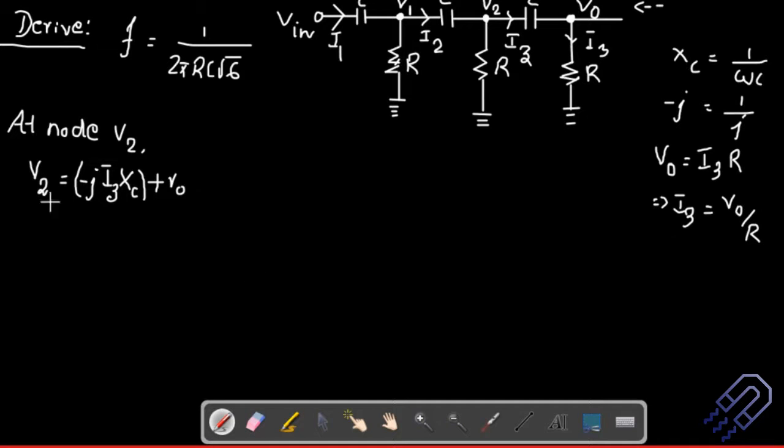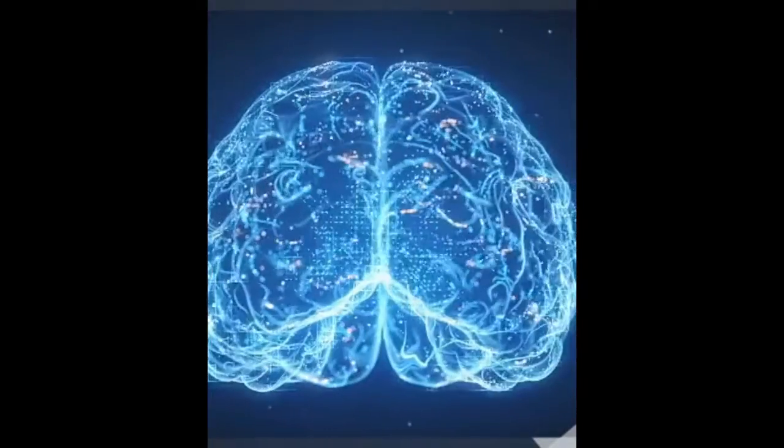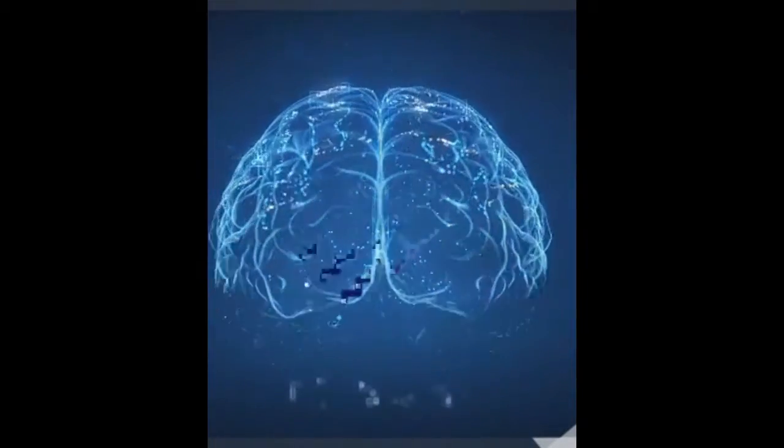It's very important. So let's try to replace these values here. So let me write this down. Minus J can be written as 1 by J, 1 by J omega C. I think this is clear. So what you can write down here is 1 divided by J omega C. This is one part. Minus J and X we have taken out.